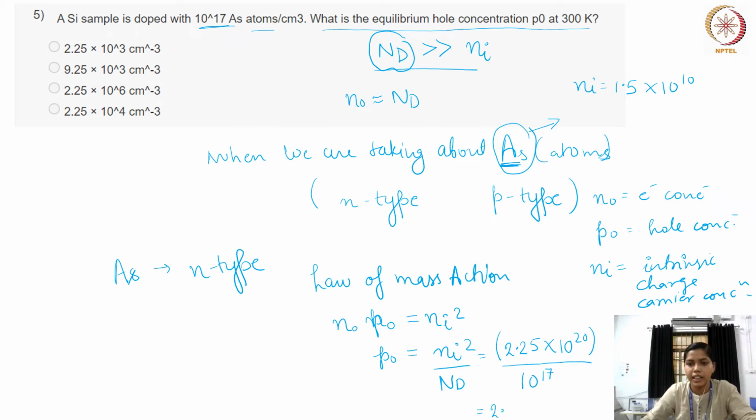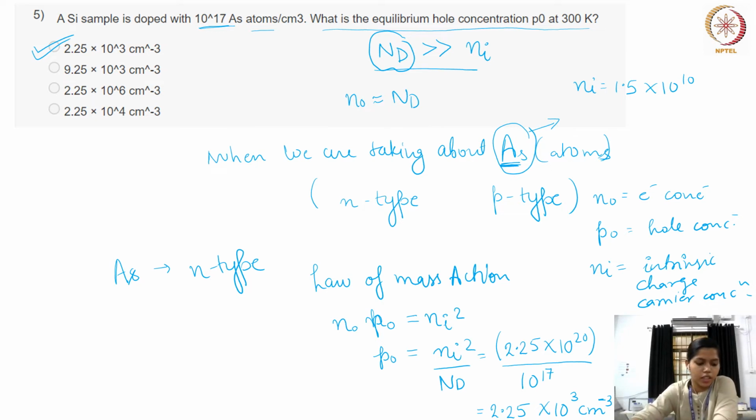So we can write it like 2.25 into 10 raised to the power 3 per centimeter cube. Okay, so according to this, our option number 1 will be the correct answer for this question. So is it clear? Is this clear to everyone? You can write yes in the chat box.